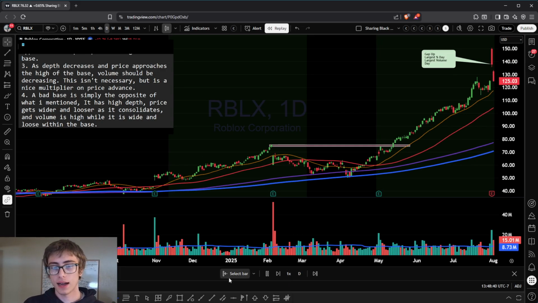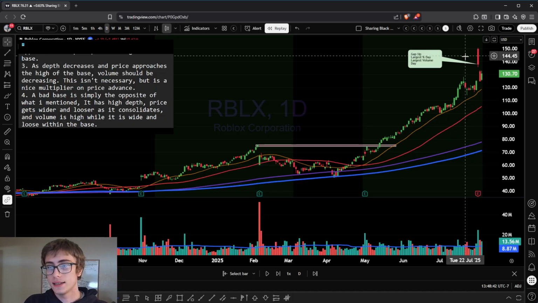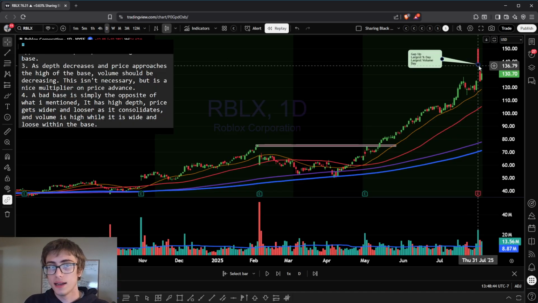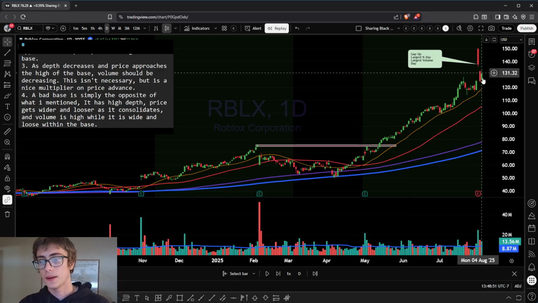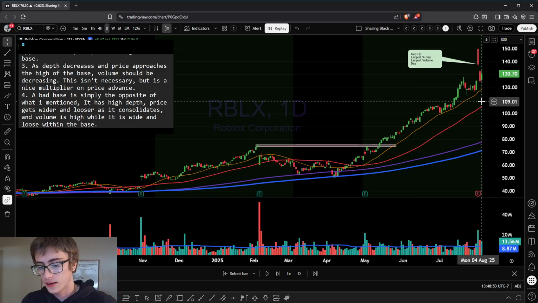So after this advance, it had made this crazy day where it gapped up. It was its largest percentage move for this whole advance, and it had its largest volume day. If you think about a marathon sprinter, when they approach the finish line, they are sweating, running out of breath, but running as hard as they can because they know they're close to the finish line.